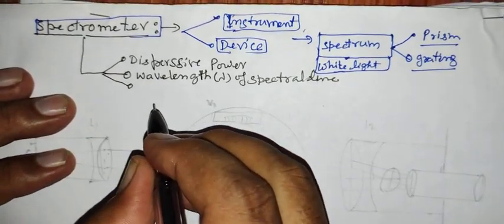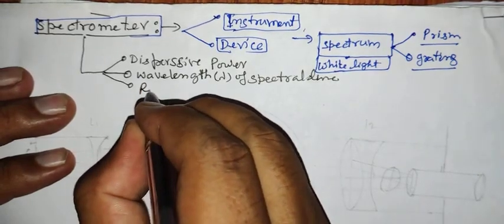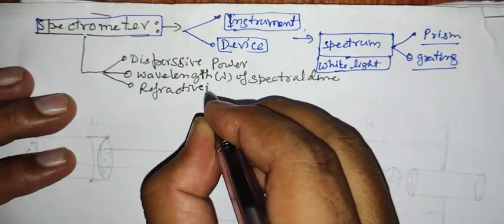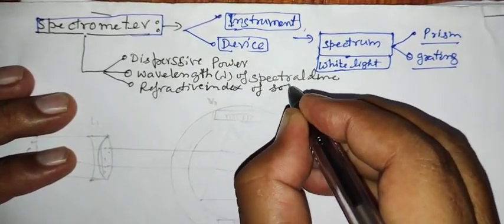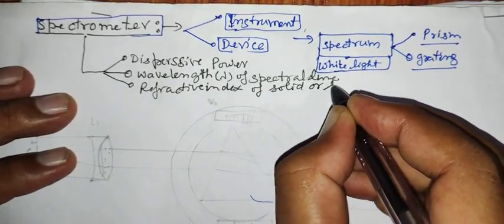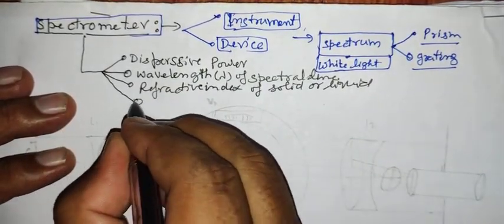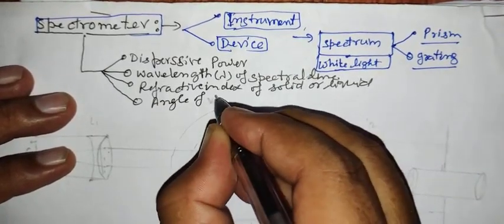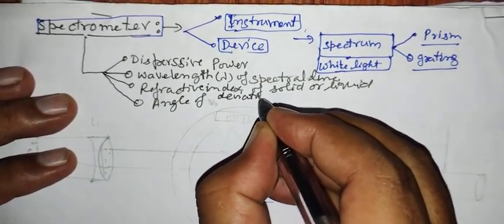This is also used to determine the refractive index of a solid or liquid, and finally we are able to obtain the angle of deviation.